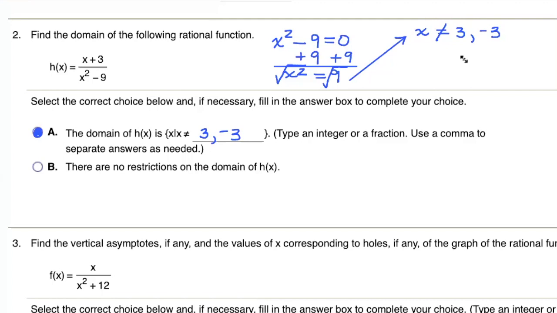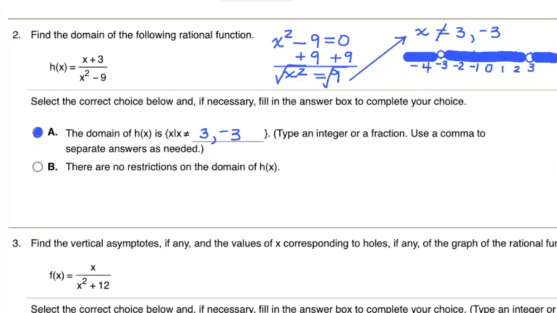And to write this one in interval notation, if you have to, it's a little more complicated. I've put open circles at the values of -3 and +3 to show that for this rational function, we cannot equal those values. But everything in between is okay to substitute into the function. Everything to the left of -3 and everything to the right of +3 also does not create a problem.